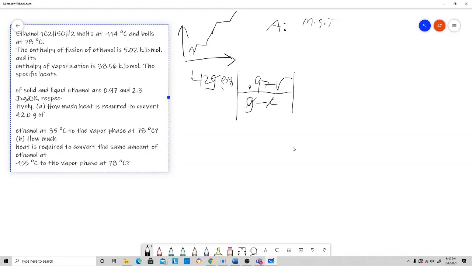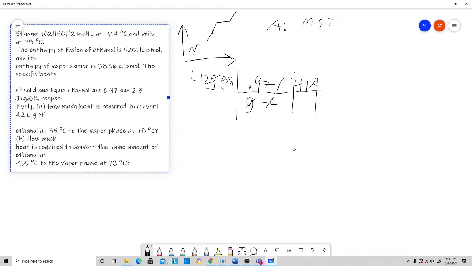So now we want to go to the temperature. It melts at negative 114 and we start at negative 155. So if we just do the difference of that, that's going to be 41 Kelvin. I know it's in Celsius, but the difference will be the same.